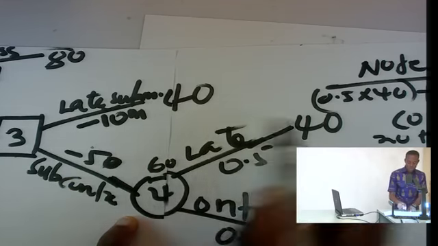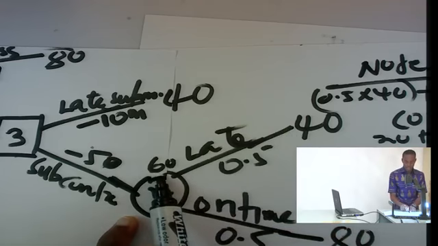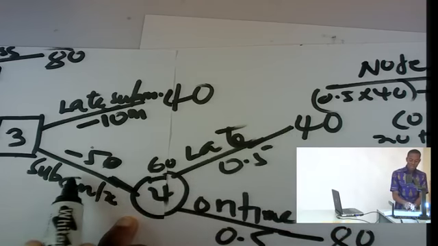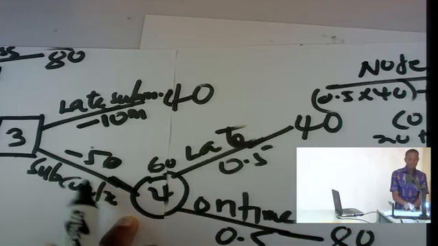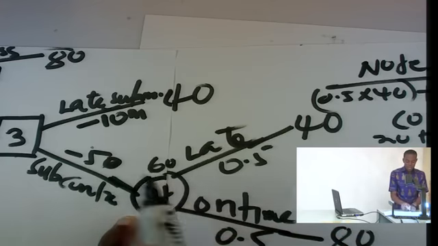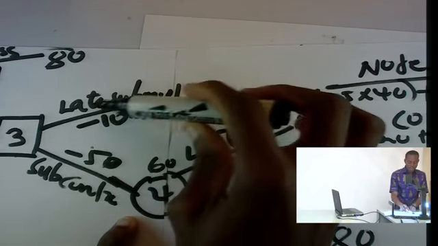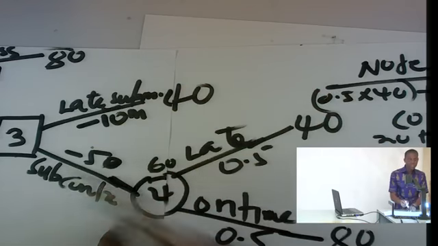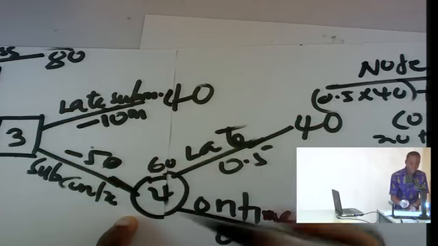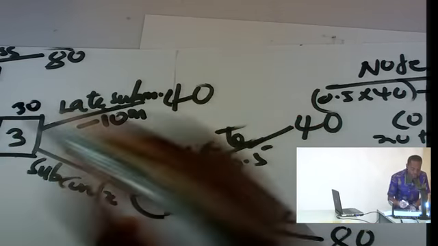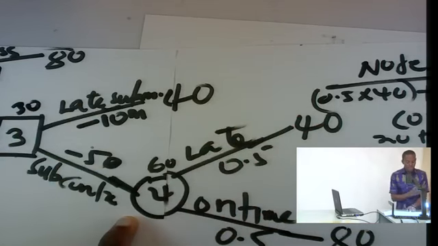Here we evaluated this and we have 60 million. So we are subcontracting and we'll incur a cost of 50 million. And so here, the monetary value would be 10, because 60 minus 50 is 10. Now, you have 30 here, you have 10 here. The decision is to choose one. So what do you think? I think we always prefer more to less. So you choose 30.